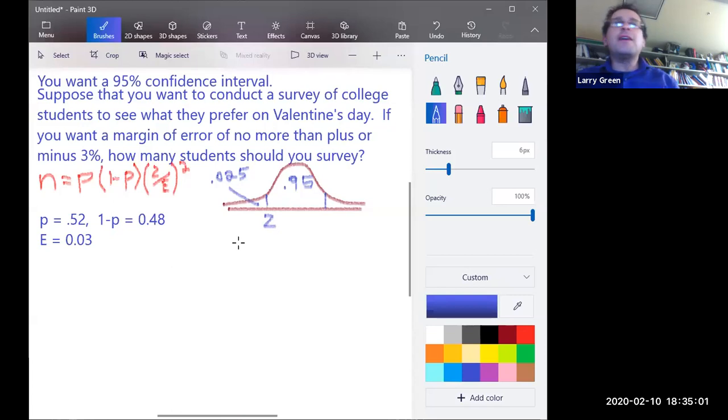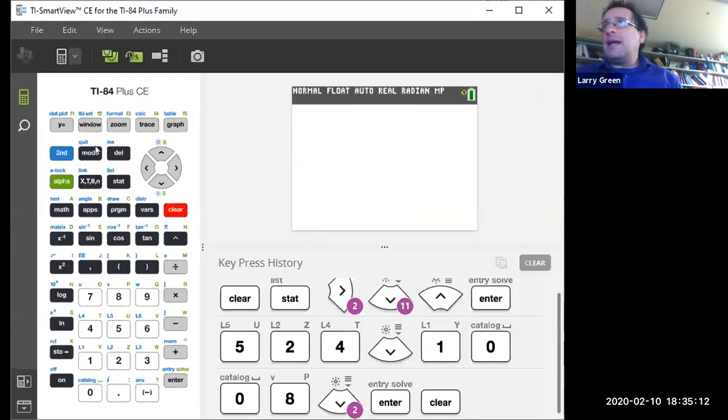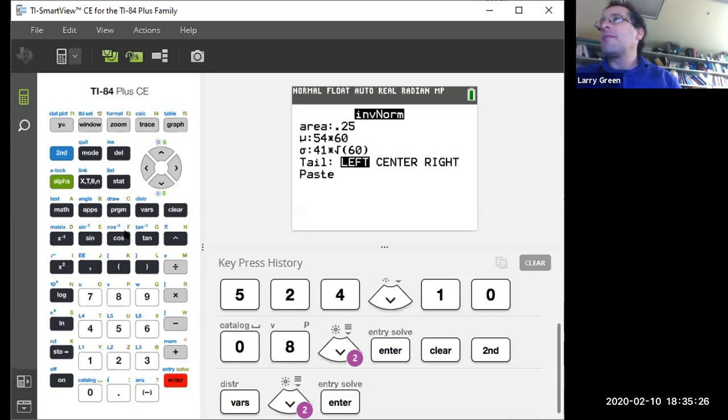Okay, so now I'm going to go to my calculator. I am going to go second distribution, and we're going to do inv norm because we're given a percent and we want to find Z. My area is 0.025.